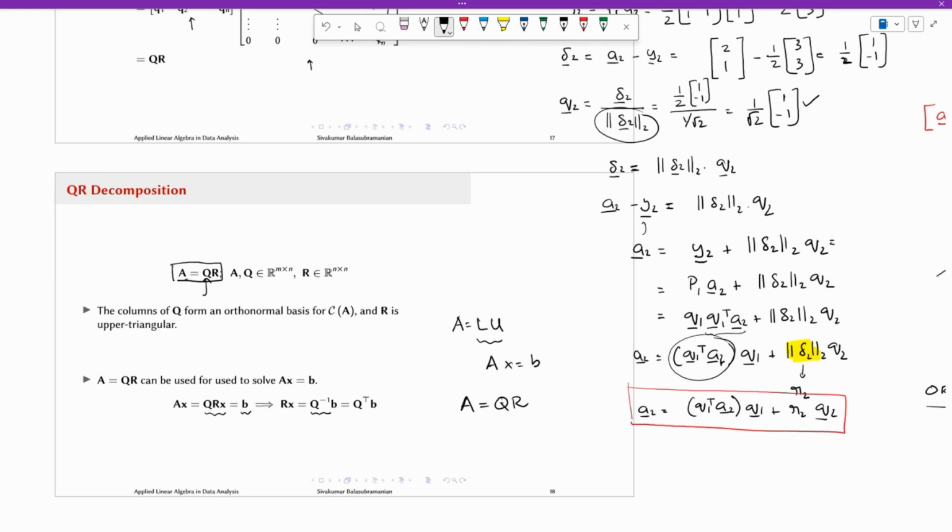But the nice thing about this inverse is the inverse is simply the transpose because it's an orthogonal matrix. That means you now have Rx equals Q transpose B. This is a relatively simple operation to do. And remember, R is an upper triangular matrix. That means you can solve for X simply through back substitution.